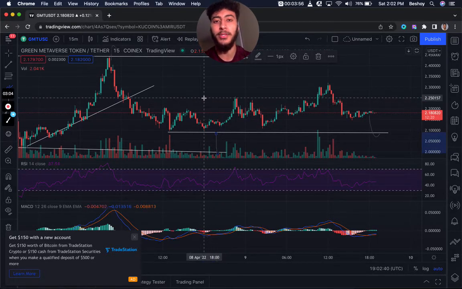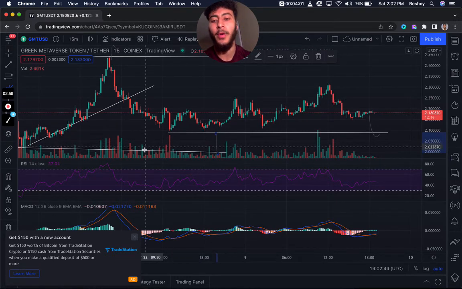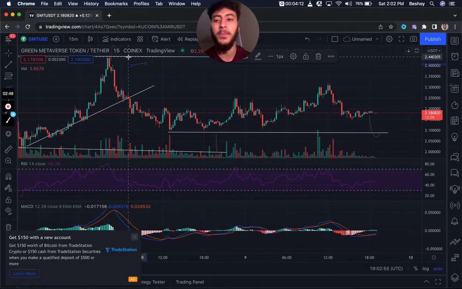And just do your research, see if this is the best opportunity for you, and if it is, I would recommend waiting back at about 2. If we respect these levels of support, then we could see another reversal back to the levels of resistance we had here at about 2.44 to fill in the gaps.